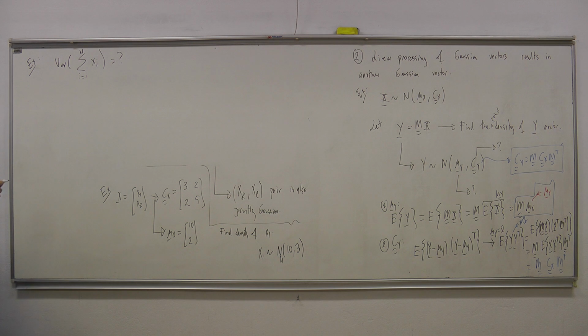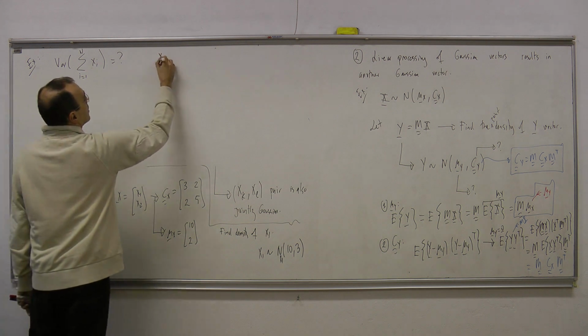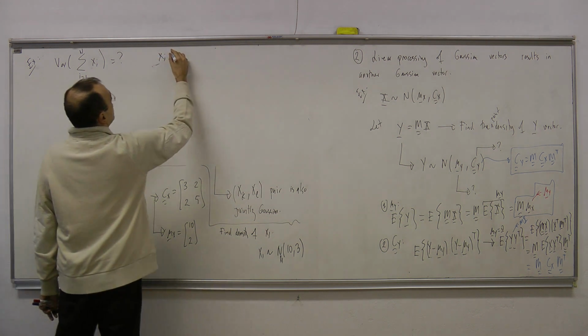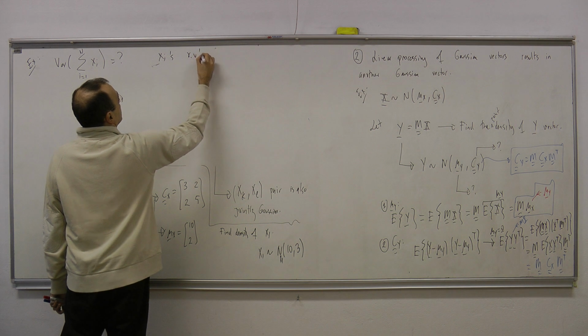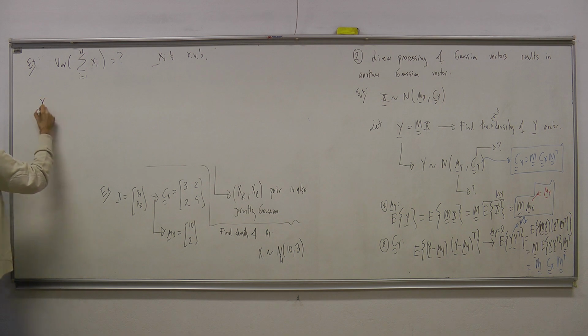This was one of our earlier examples. So how can I calculate this, where the xi's are random variables? Previously we had a solution, but let me think about it this way. Now, this is solution number 2.